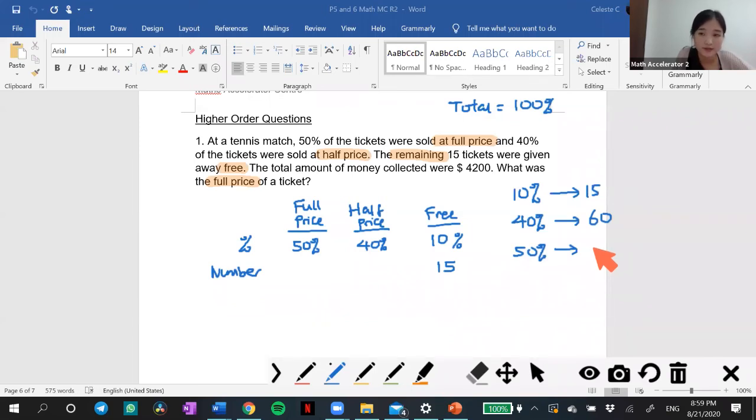Yes, 15 times 5. Okay, if you don't get it, from 10% to 40%, you have to times 4. 10% to 50% times 5. So you have 75 here, so fill it in.